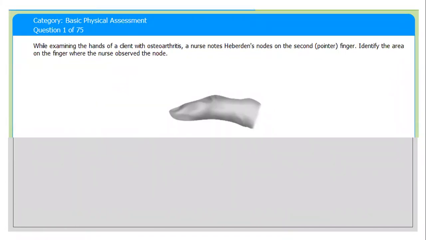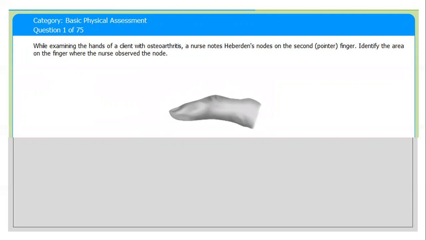Next question here. While examining the hands of a client with osteoarthritis, so our patient has osteoarthritis. It is the inflammation of one or more joints. It is the most common form of arthritis, which affects the joints in the hands, spine, knee, or hips.